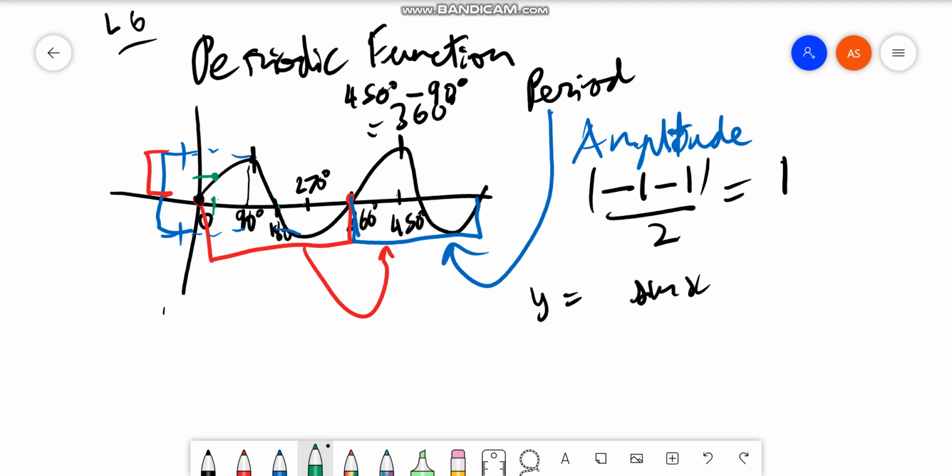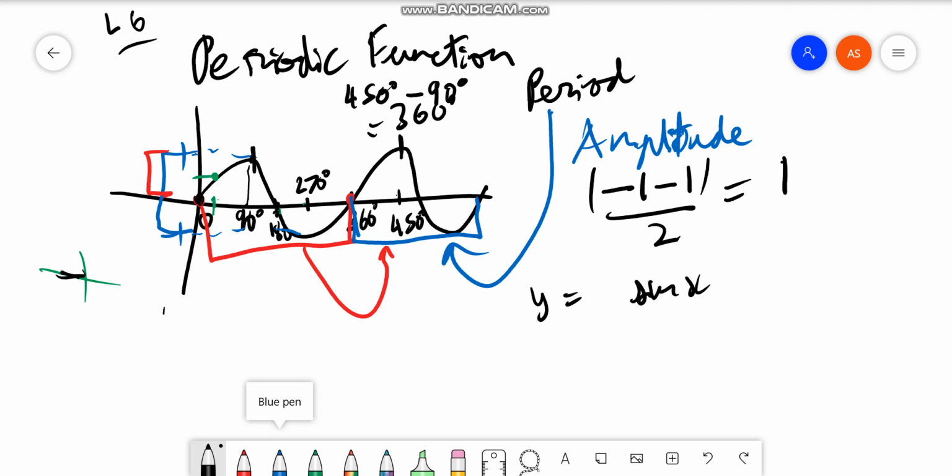So sine 180 will be the same as 0 because the reference angle is 0 as well, so it'll also be 0. Sine 180 is 0, and similarly for all others.